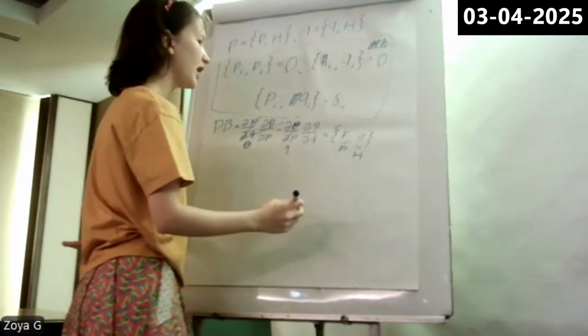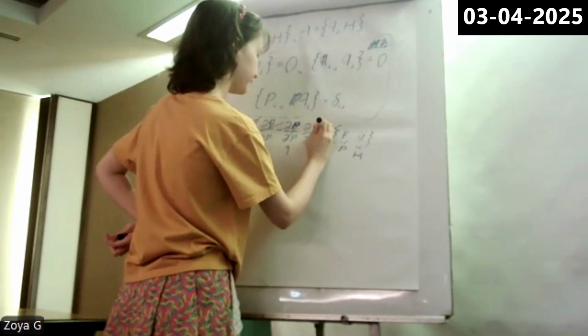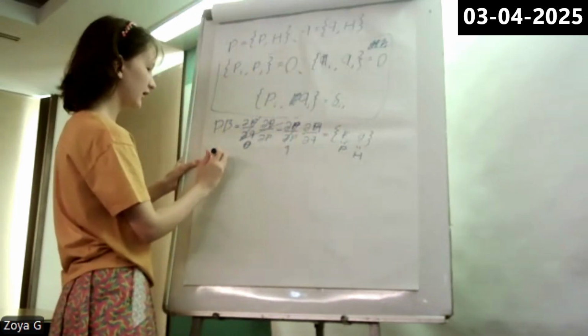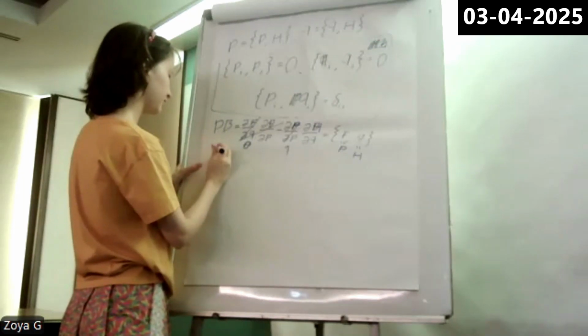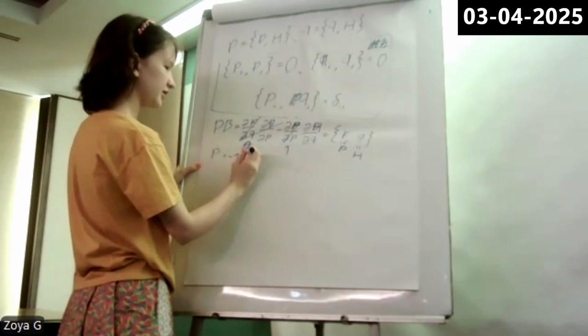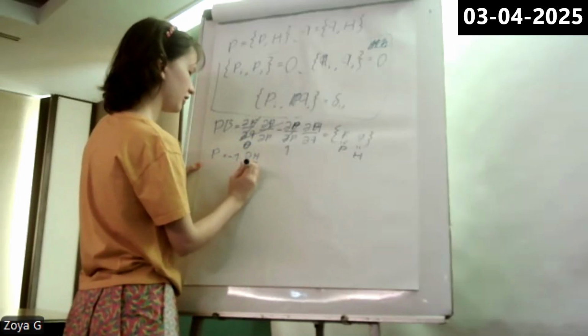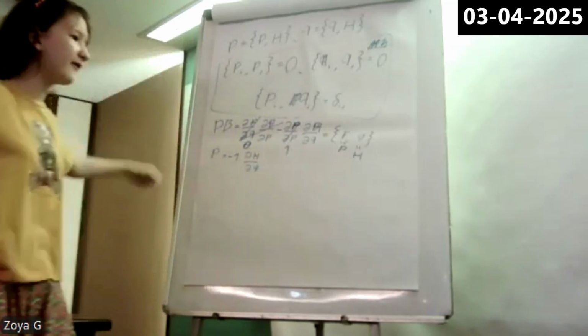And this, what does this go to? Well, this goes to P dot is equal to -1 times partial H partial Q.